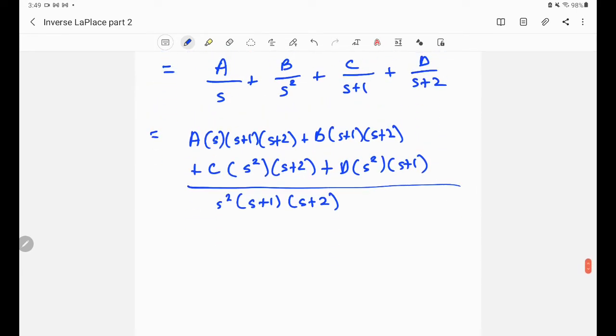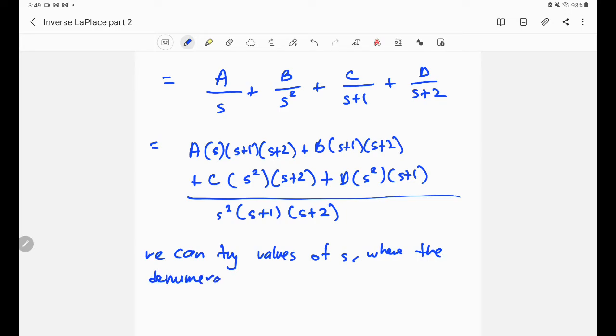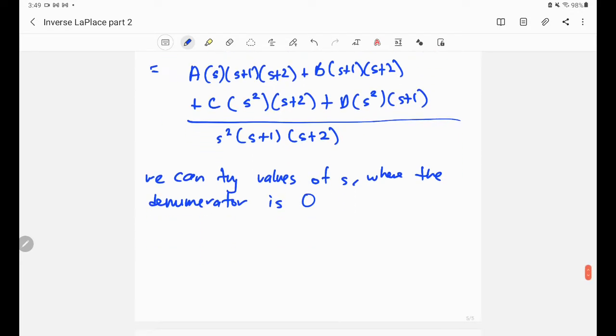From here, we can try to change the value of s where the numerator is 0. If we set s equals to 0, what happens to the numerator?